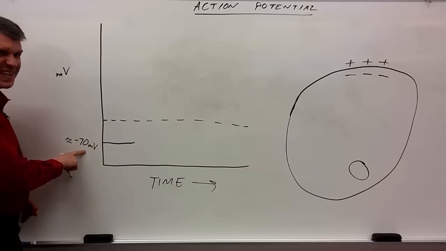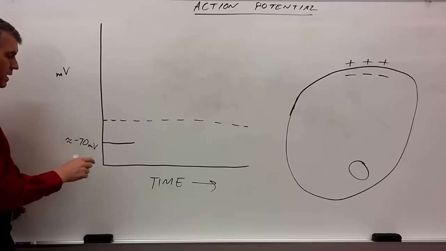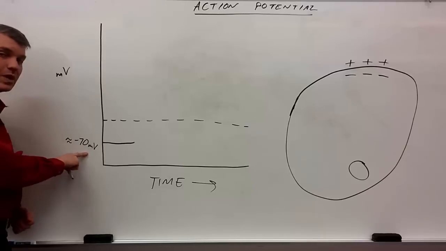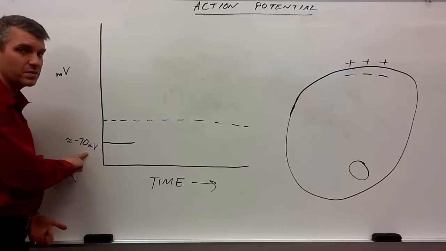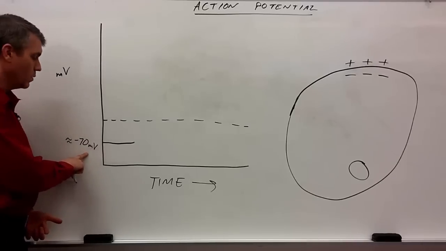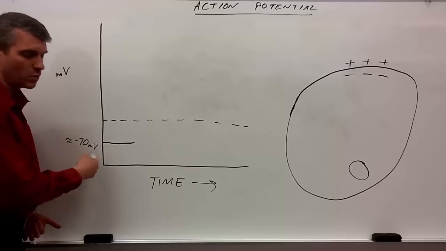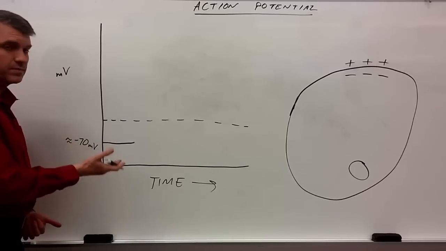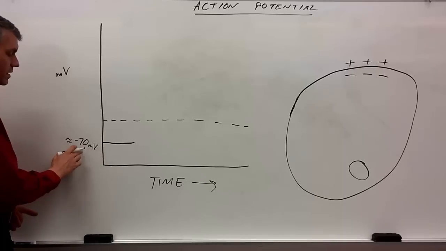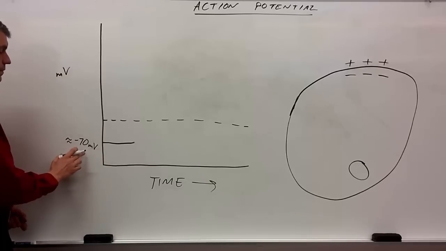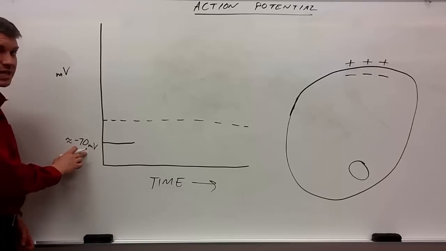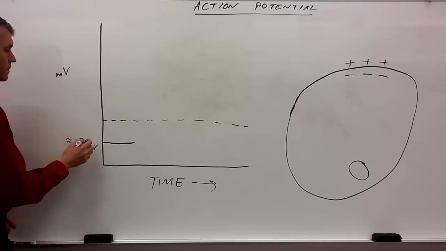Most neurons maintain that type of resting potential. And even though I'm putting that number on here, I don't want you to think that all cells maintain this particular resting potential. For some cells it's more negative than this, and for other cells it might be a little less negative than this. So in other words, don't think this applies to all cells. It depends on the particular cell.